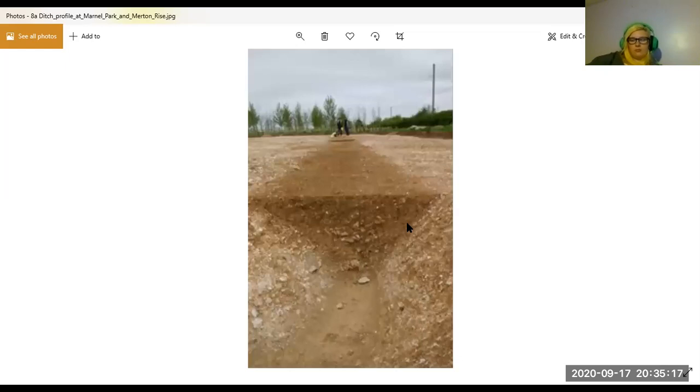So what's happened is, as opposed to what I've explained, here there's a ditch being dug. So this would be a boundary ditch. This is a ditch profile, a place called Merton Rise. And what they've done here, they've dug out a V-shaped ditch.